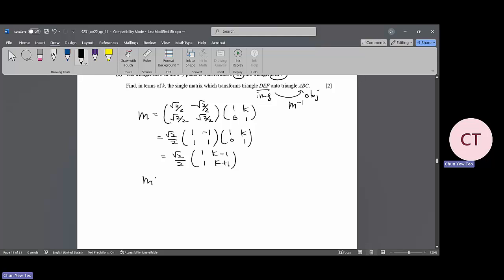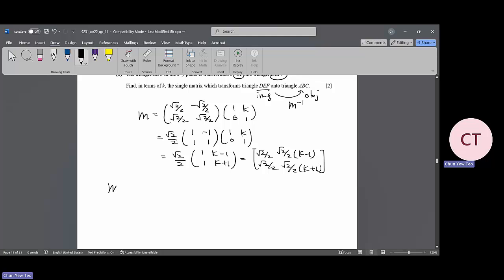So we need to find the determinant of M. Well, we can multiply this inside to make it become root 2 over 2, root 2 over 2 times K minus 1, and then root 2 over 2 and root 2 over 2 times K plus 1. And we can multiply them like this.